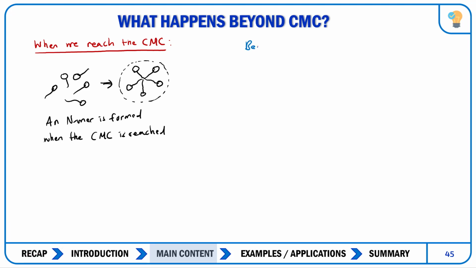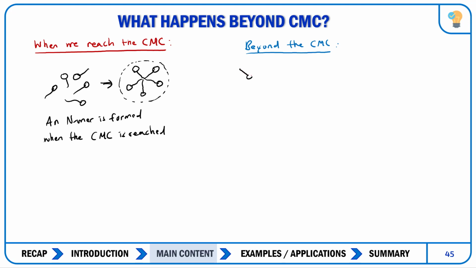Now what happens when we go beyond the CMC? When we go beyond the CMC, a few different things happen. Specifically, we might create a bilayer.